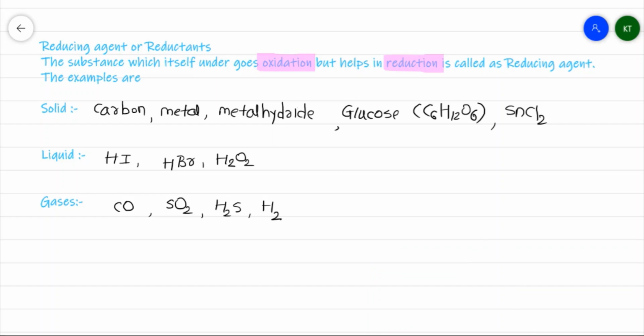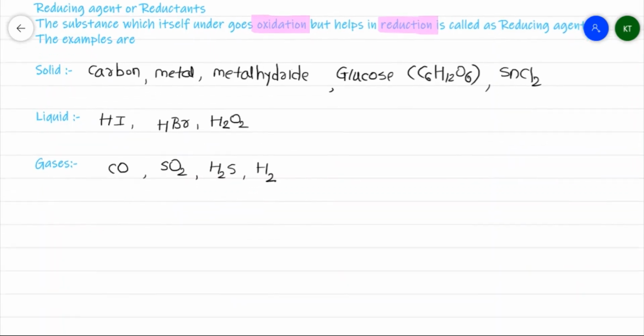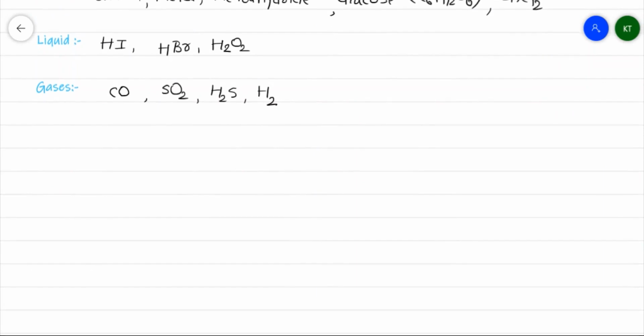Now let us understand the redox reaction and oxidizing and reducing agents with some examples. I have a reaction here: H2S reacts with chlorine to give HCl plus S. To balance this, I'll have 2 HCl here. Now we need to find out which is undergoing oxidation and which is undergoing reduction.